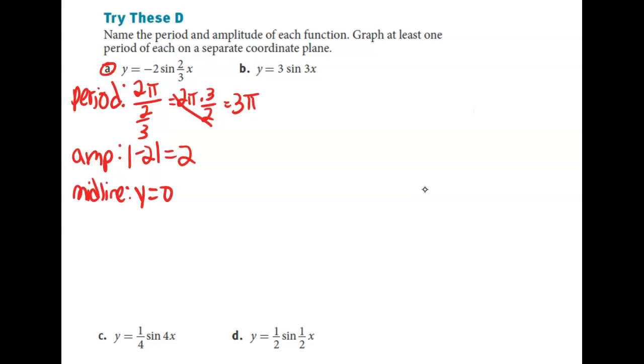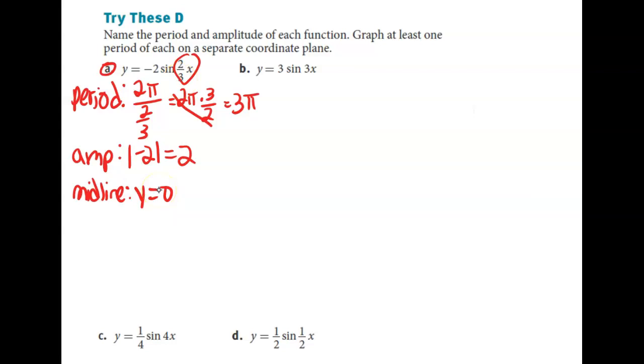I'm going to multiply all my y's by -2. I'm always doing the opposite with x. Whatever's with x changes the x values. So that's a horizontal compression, and then we've got that reflection and that vertical stretch. Or it's actually a horizontal stretch, sorry, because it's a fraction. So it's doing the opposite. It's making it longer.